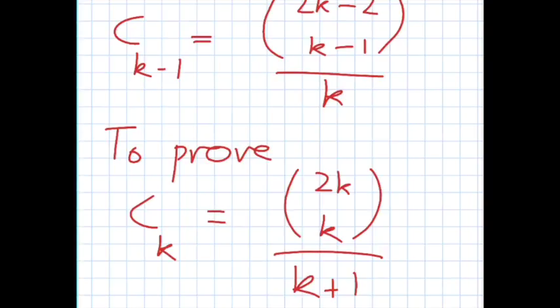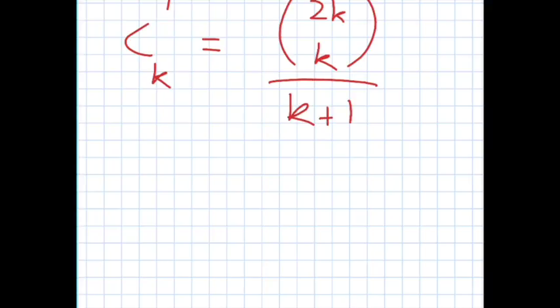Usually in mathematical induction we assume for k and prove for k plus 1. This is the same as that, I'm just simplifying the expression here, because the relationship I defined was from Ck to C(k minus 1). That's why I assumed for k minus 1 and I'm going to prove for k. But this is the same thing.